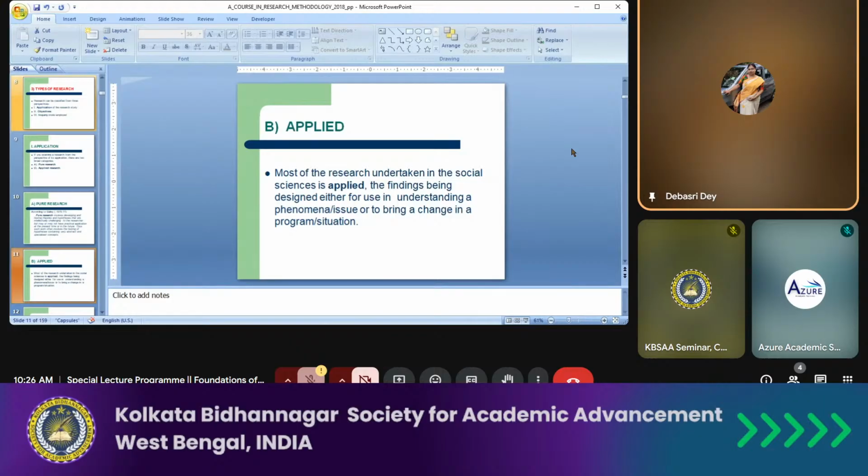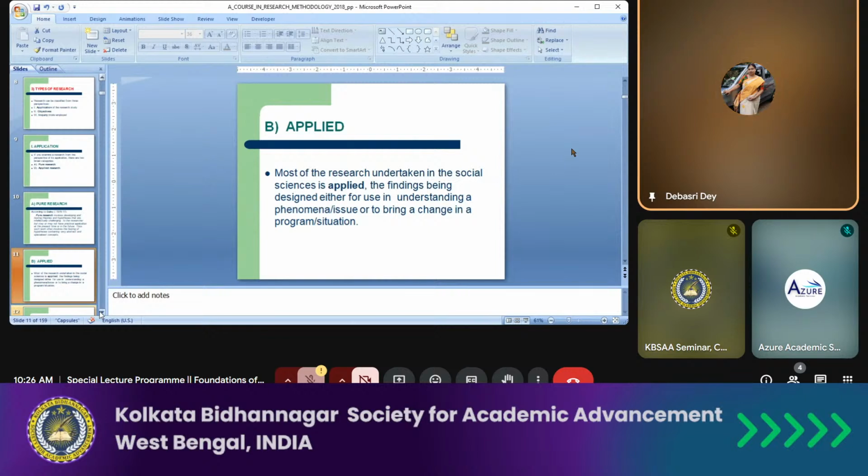Well, let me summarize how much I have covered. I gave you the basic concept of what research is. Then I summarized why research methodology is required to be known by everyone, at least some idea.